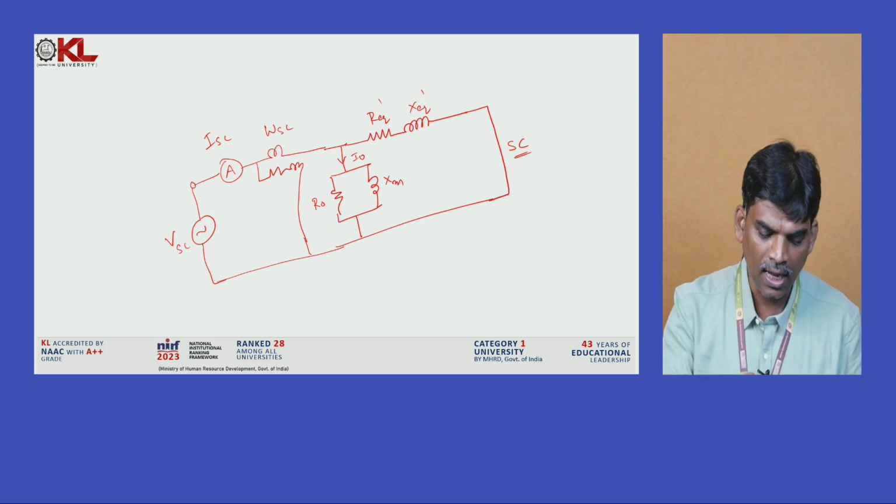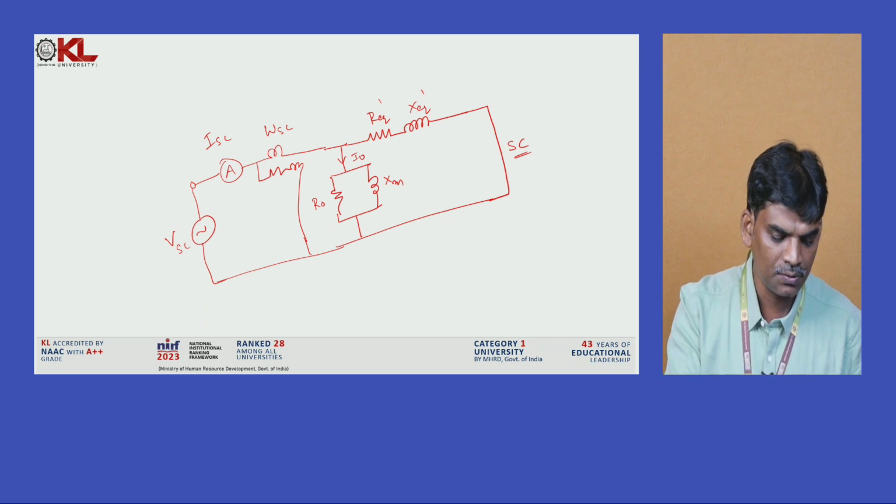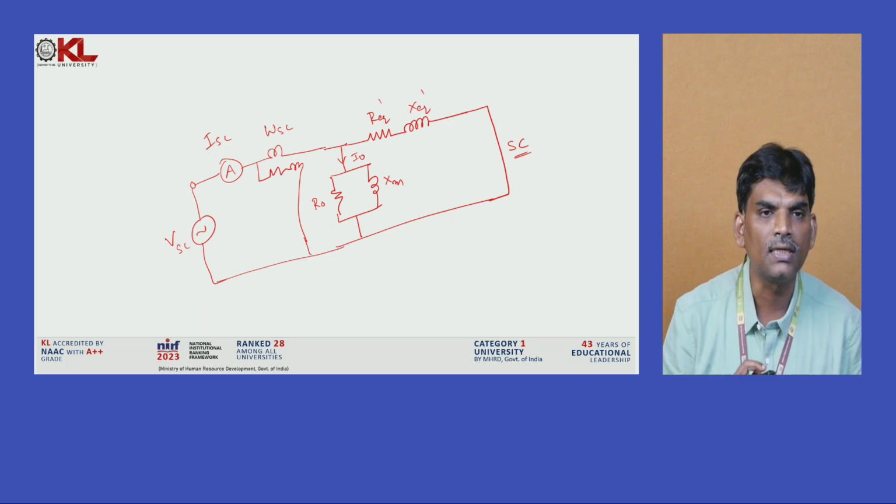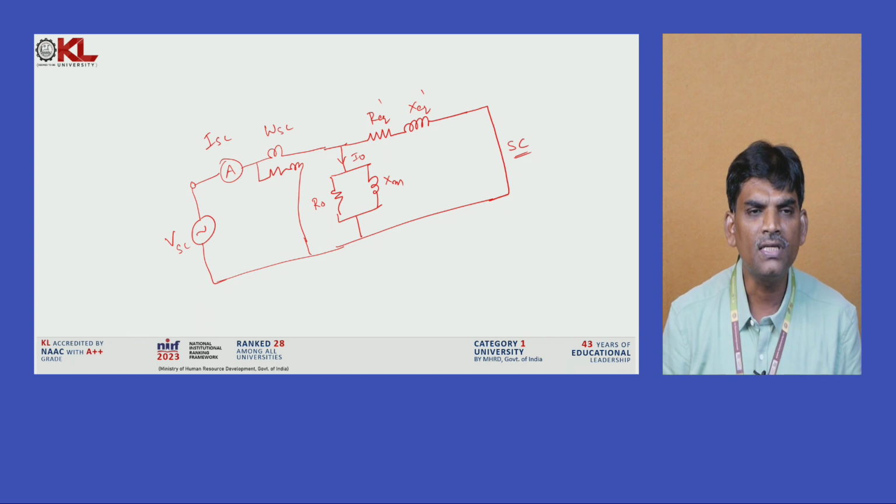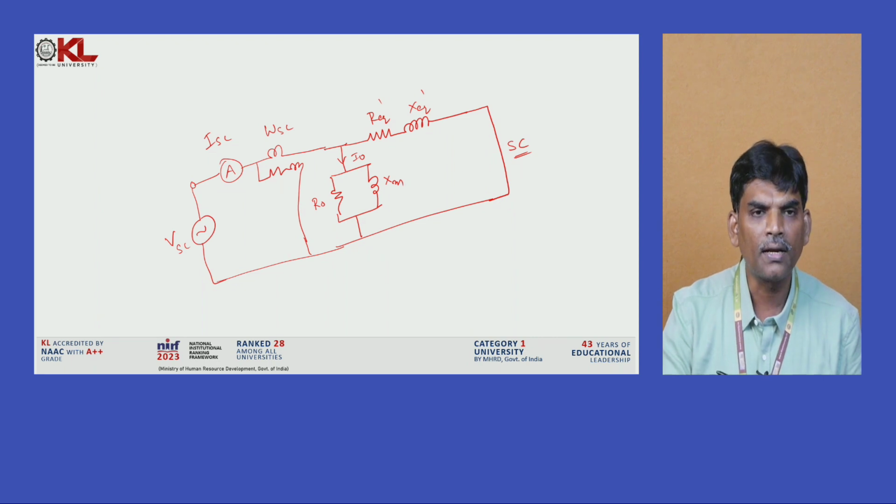Across these shunt parameters, the voltage is VSC, which is very much less. For example, for an 11 kV transformer we apply very little voltage, VSC maybe 1 or 2%, at most 5%.